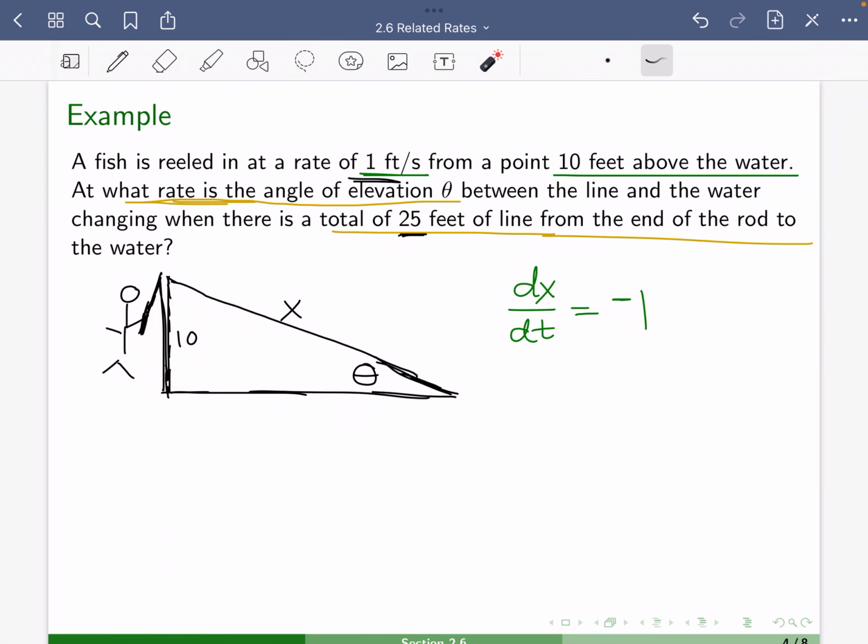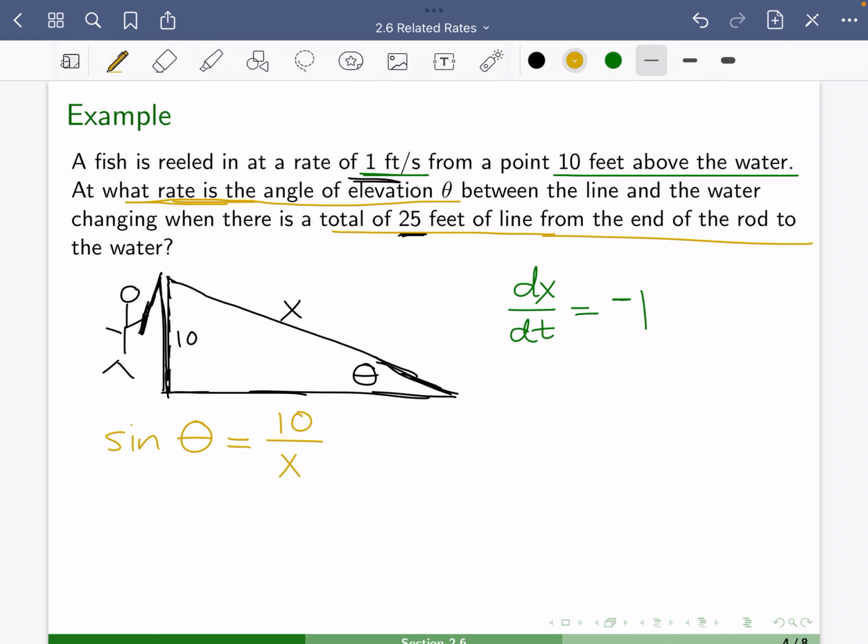So what is the trig function that relates the opposite side and the hypotenuse? Well, that trig function is sine. So sine of theta is equal to opposite 10 over hypotenuse x. Great. So now we have this relationship between theta and x.